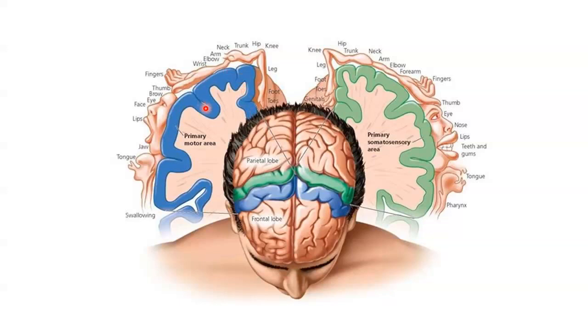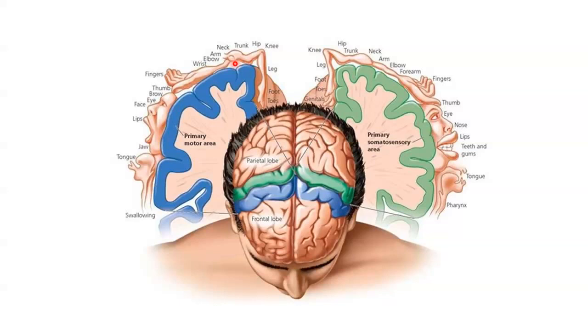So you can see that the muscles are actually represented quite unequally in this cerebral cortex. For example, our face has a lot of cerebral space, but our foot, our leg, our knee, our trunk have much less space. This is because greater cortical area is devoted to those muscles involved in skilled, complex, or precise movement.